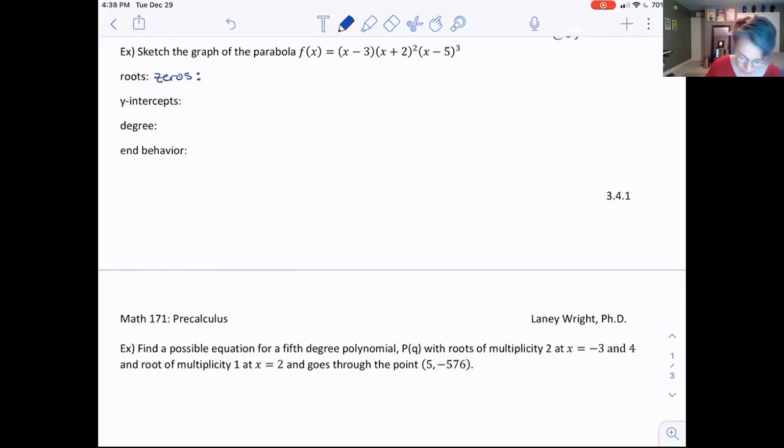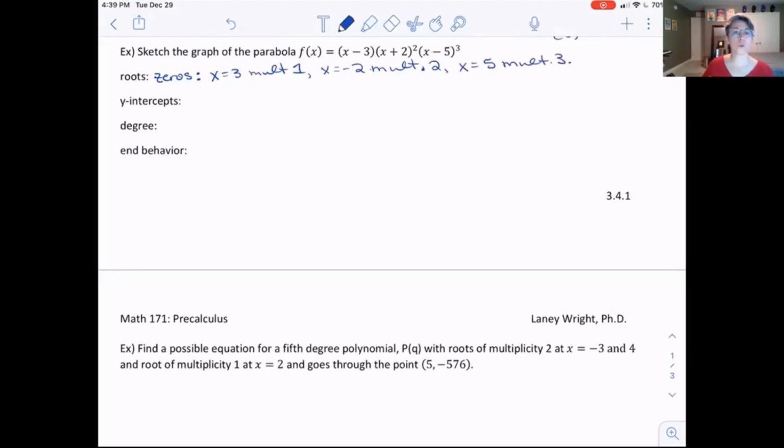So in this case, we have a 0 of 3 with a multiplicity of 1. We have a 0 of -2 with a multiplicity of 2. And we have a 0 of 5 with a multiplicity of 3.